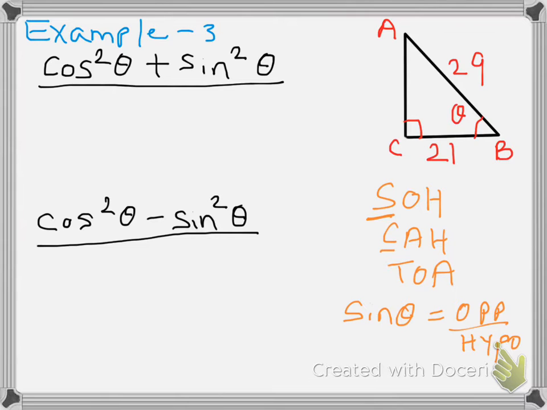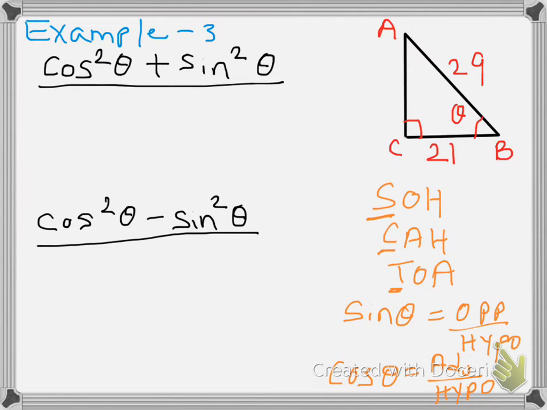Same thing, C for cos theta is equal to A is adjacent and H is hypotenuse. And then T is tan, O is again opposite and adjacent. But in this problem, we just need to find the values of cos and sine.